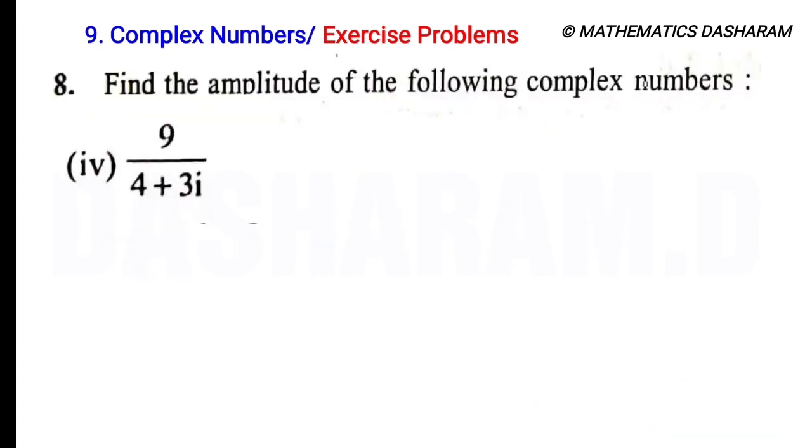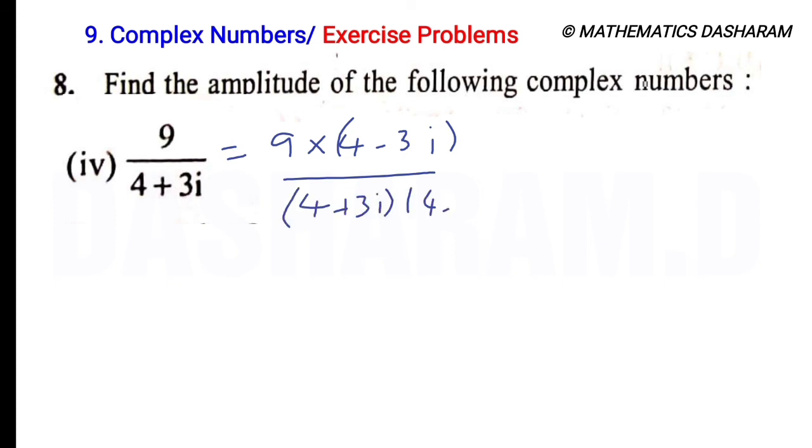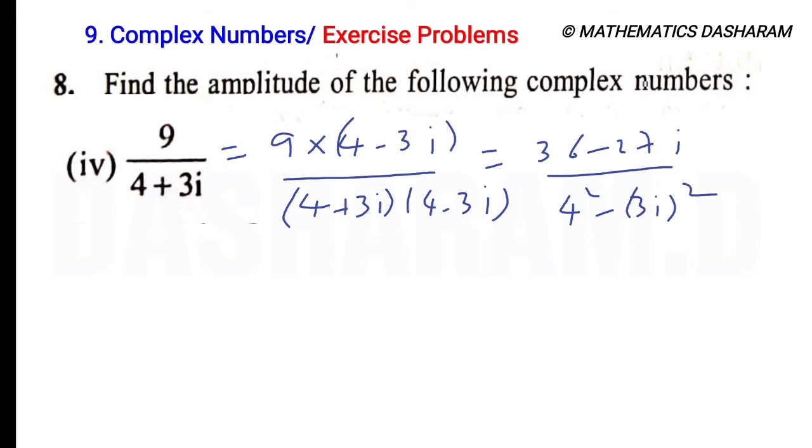Fourth question, 9 divided by 4 plus 3i. Let's multiply the numerator by the conjugate of the denominator, that is 4 minus 3i, and the denominator also by the conjugate. So 9 fours are 36, minus 9 threes are 27i, divided by 4 square minus 3i whole square.